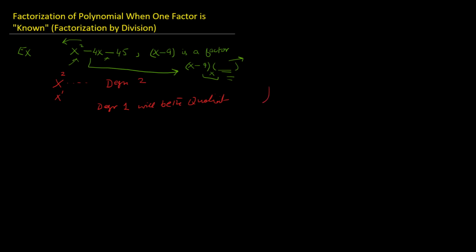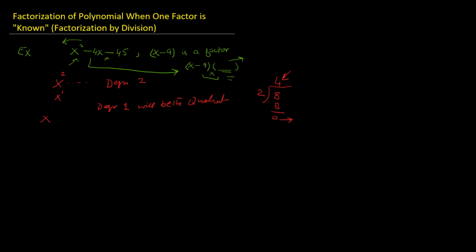So for example, I just try to explain that this is called the dividend, this is called the divisor, and this is called the quotient, which you get when you divide these two, and this is called the remainder. So if you divide a polynomial of degree 2 with a degree 1, the degree will be reduced by 1.